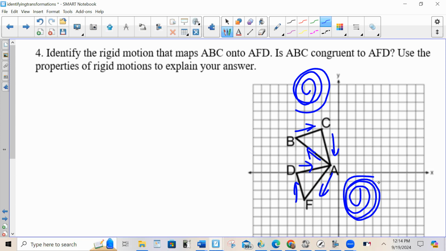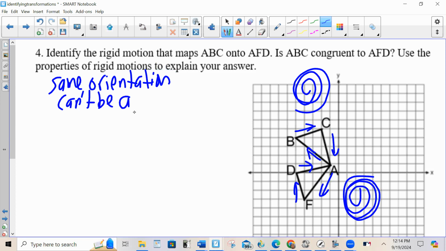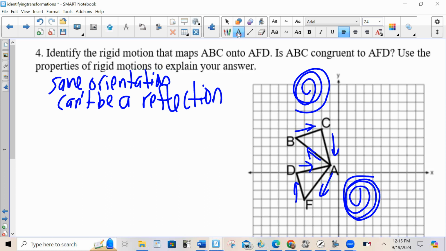Therefore, the orientation is the same, which means there can't be a single line reflection. So then what is it? It's not a translation. It's not just a slide. It's a rotation. So you have to use a little bit of geometric common sense as far as how many degrees and which direction.